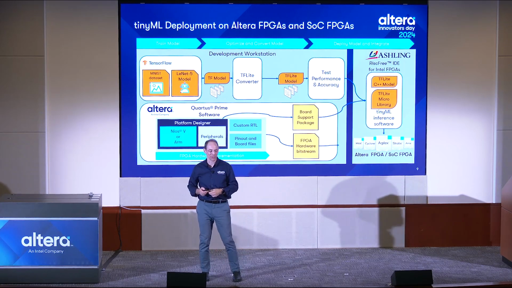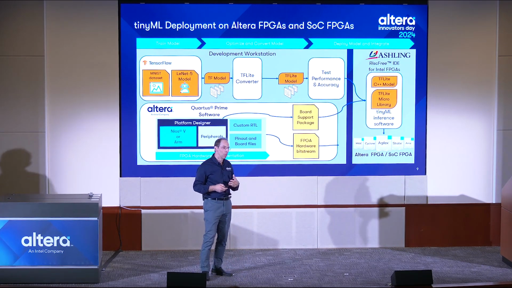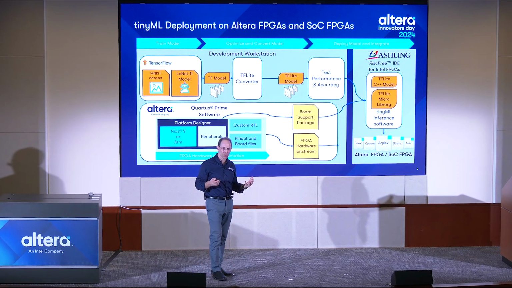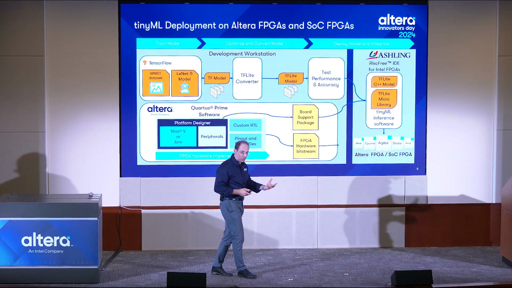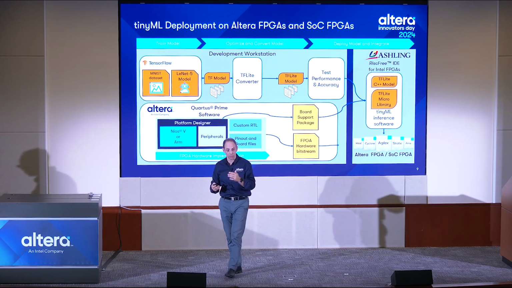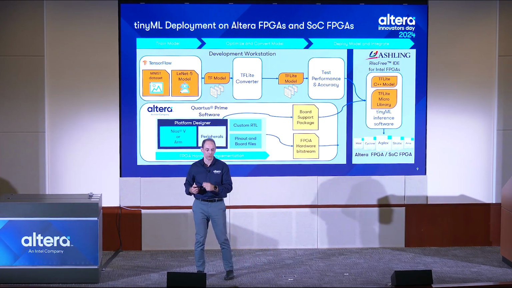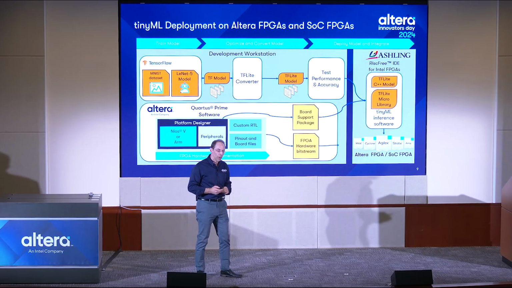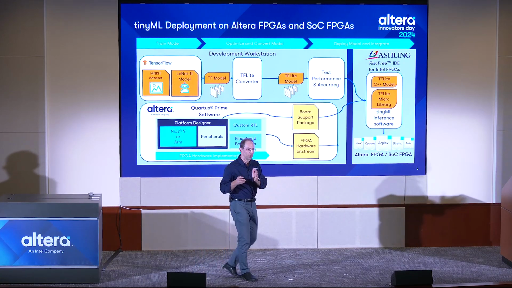Now, when you're integrating this into an overall system, you may have sensors on your device. They may be pre-processing the data, so you make sure that the data is really formatted the way you expect it to before it gets into your model. And then you can do layer by layer verification.